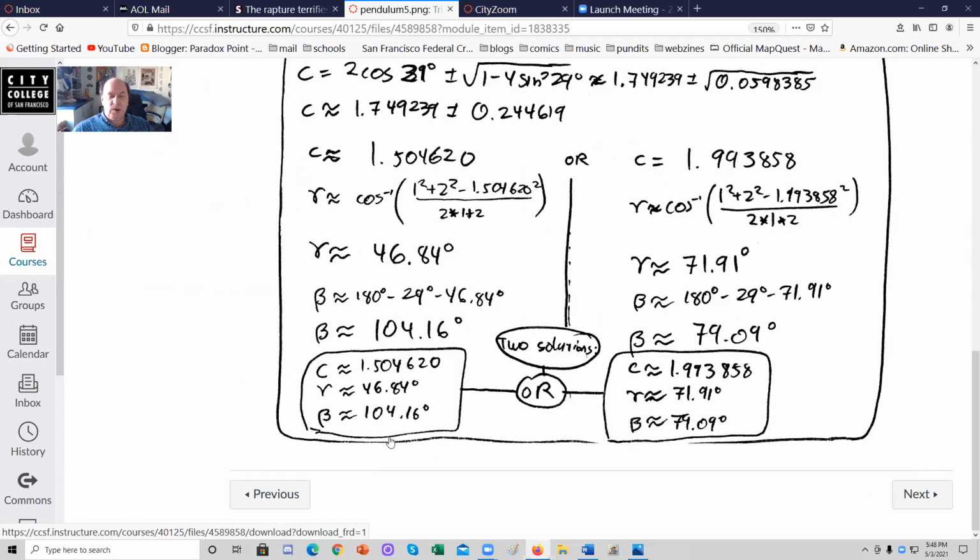So there's two solutions, this or this. And when doing our law of angle side-side angle problems, it's good to give both solutions. All right, so C is 1.504 with gamma 46.8 and beta roughly 104.2 degrees, or C is 1.993 and gamma is 71.91 degrees and beta is 79.09 degrees roughly.